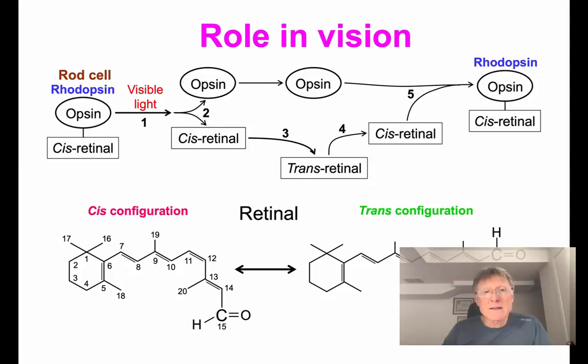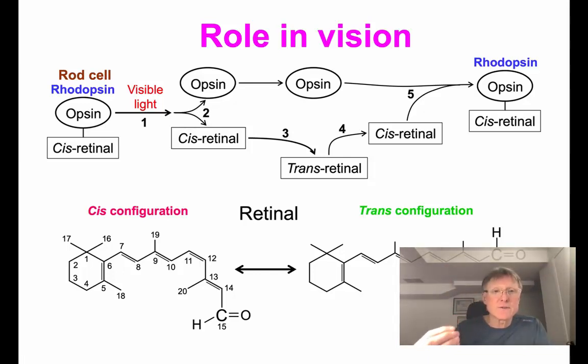Every time there is light entering your eye, it provokes this separation of opsin and cis-retinal, and this generates an electrical potential that sends a message to your brain that allows you to see.